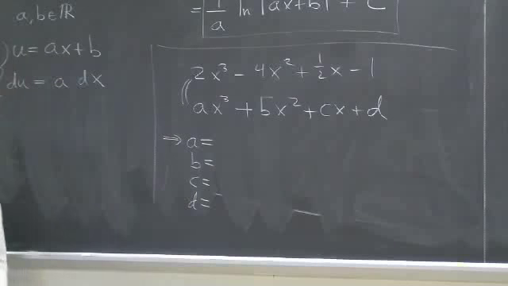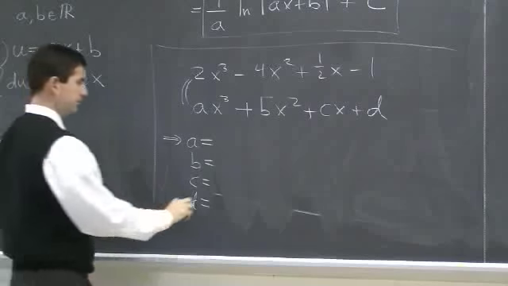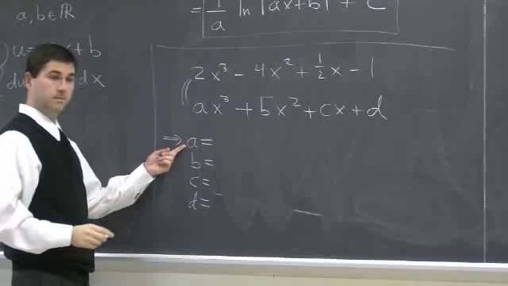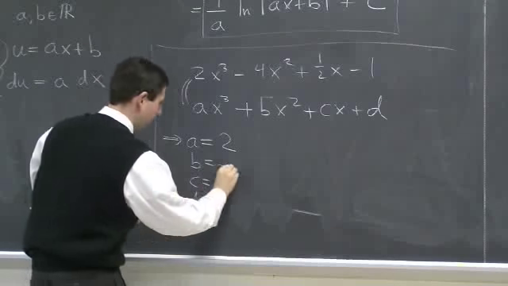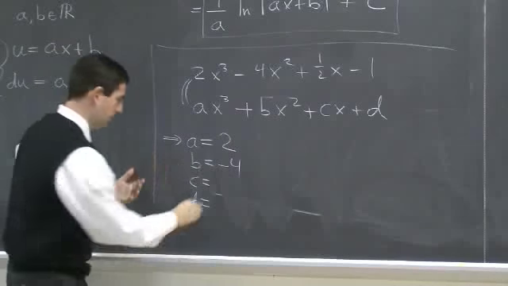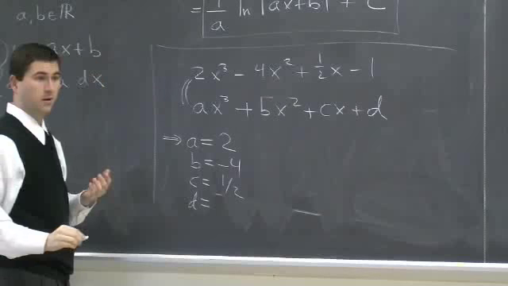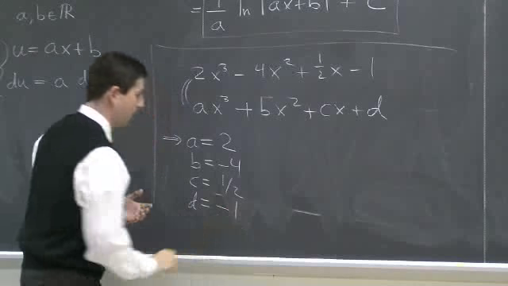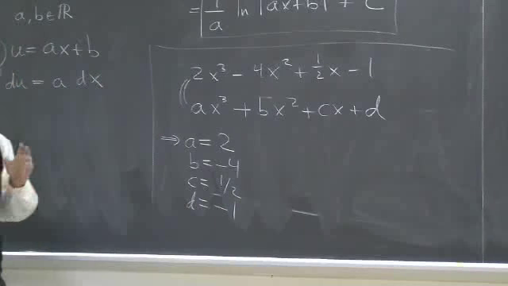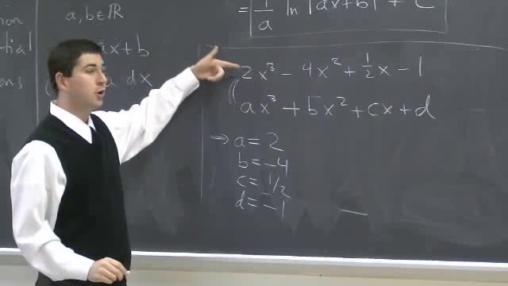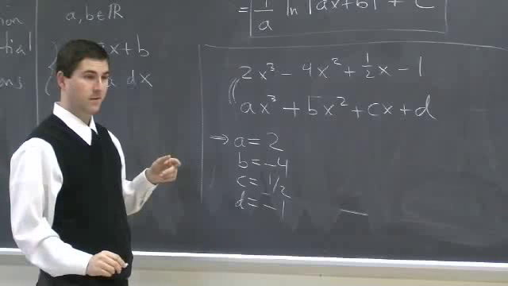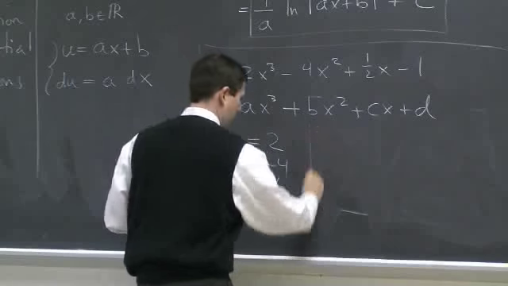What are A, B, C, and D? What's A? 2. What's B? -4. What's C? And what's D? -1. So what we're getting at is that two polynomials are equal if and only if their coefficients are equal.